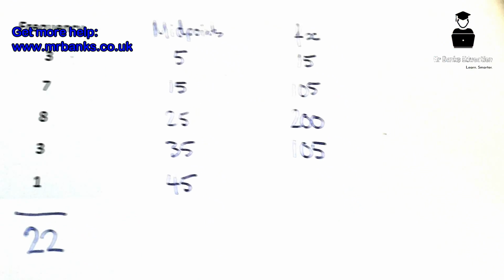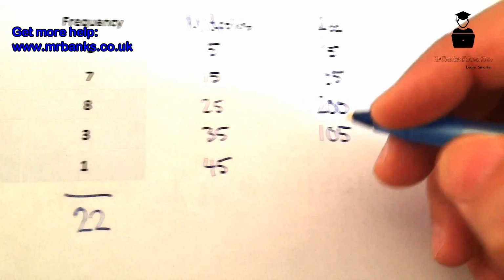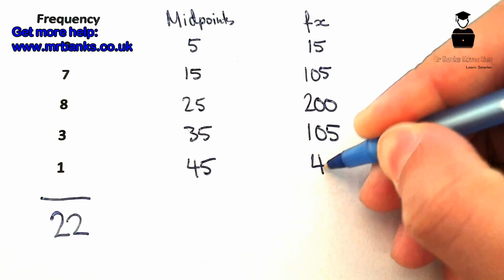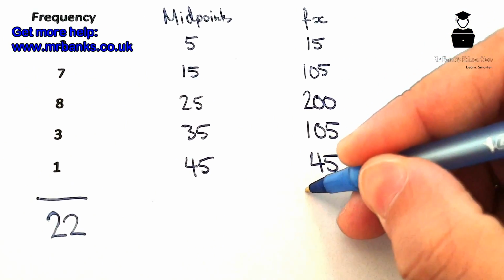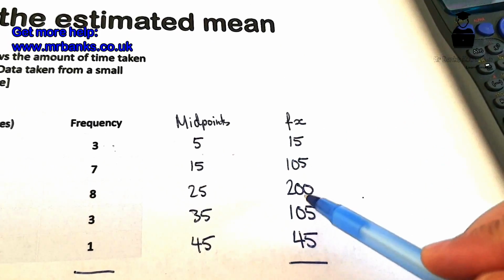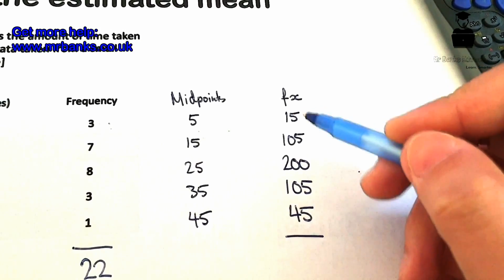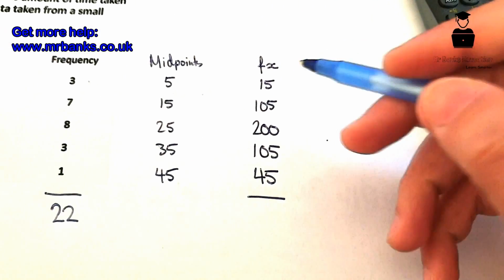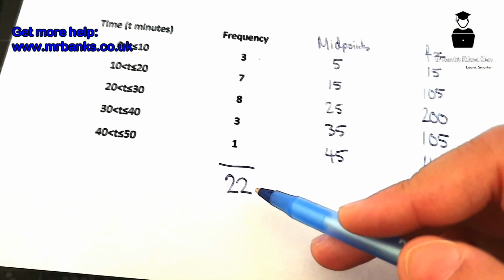It's much better like that. But obviously if it's 1 times 45, then what's the point? Then you've done the midpoint column, you've done the FX column. Now you just need to add up all of the FX column. It's like the mean now. Add it all up and divide it by the number of people.